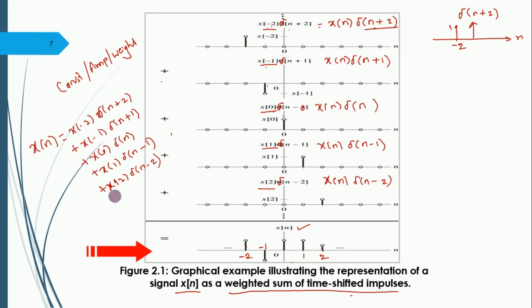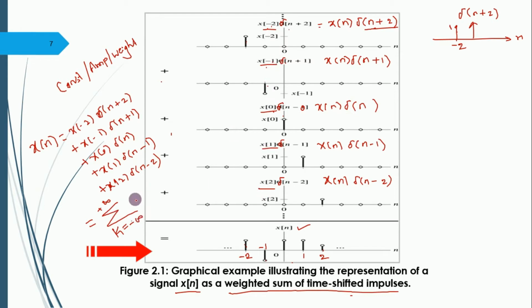It is very difficult for me to write all these terms every time, because there might be a signal which is very long. So in general what we do is use a summation, since it is a sum. I call the constant index, like minus 2, minus 1, 0, 1, as k. It might vary from minus infinity to plus infinity, but here it is from minus 2 to plus 2.